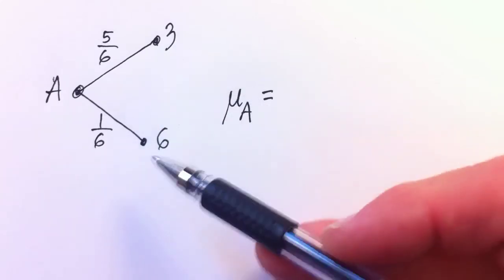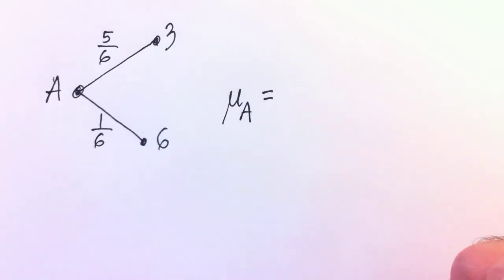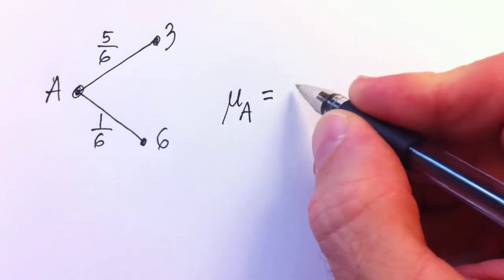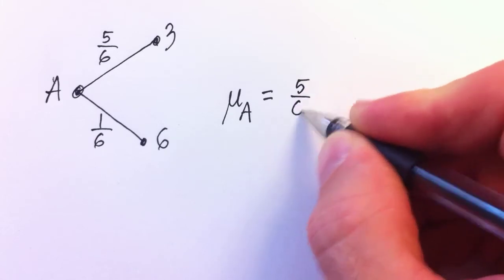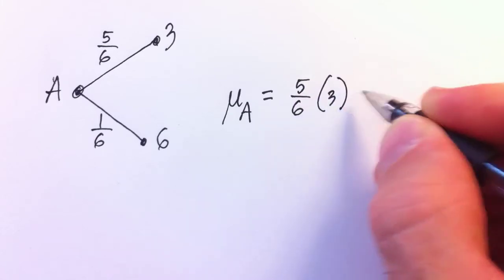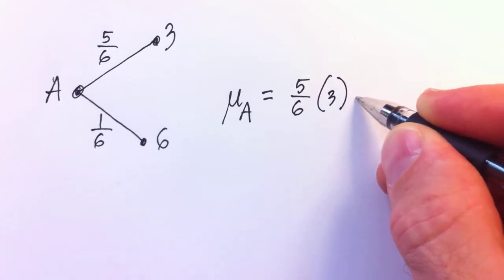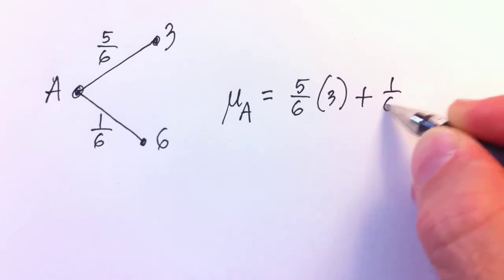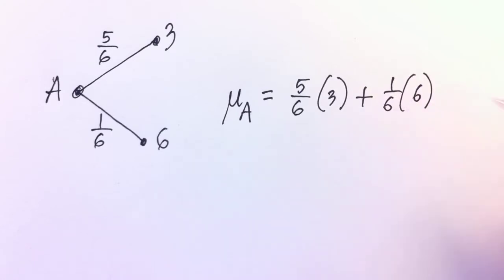You've got event 3 or event 6, and they are mutually exclusive and collectively exhaustive. So 5/6, the probability of getting a 3, times 3, plus 1/6, the probability of getting a 6, times 6, is the calculation that needs to take place in order to calculate the mean value of A.